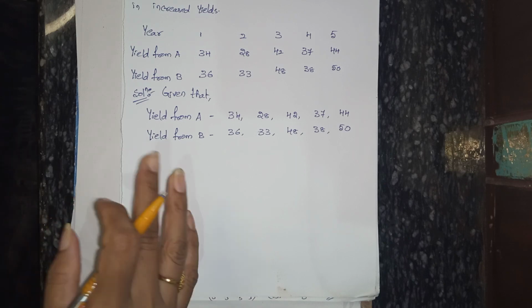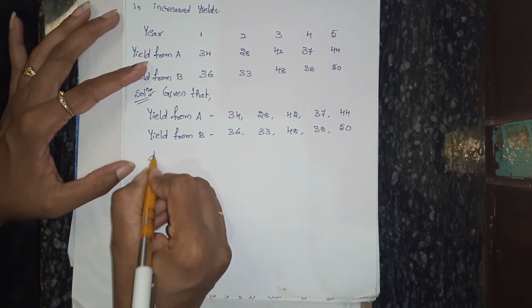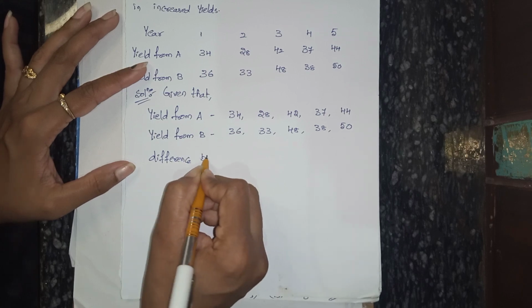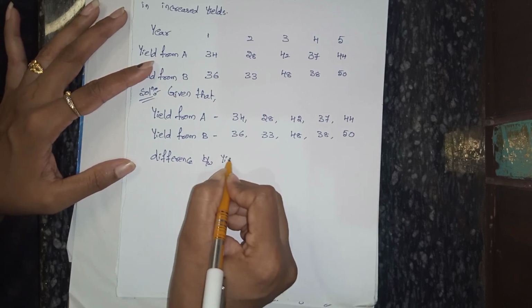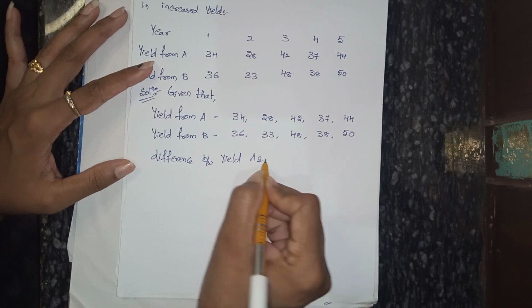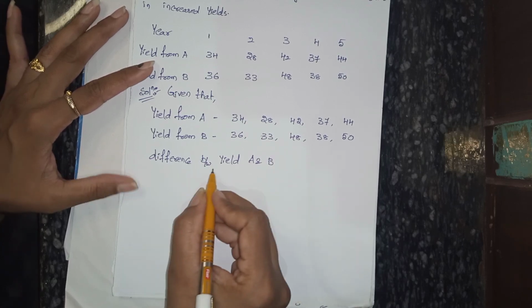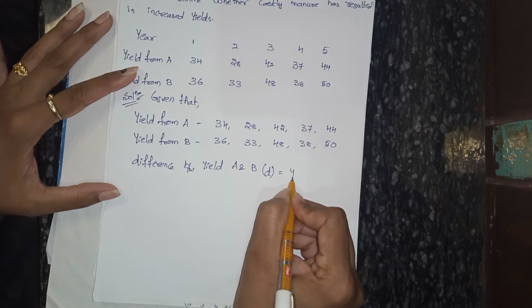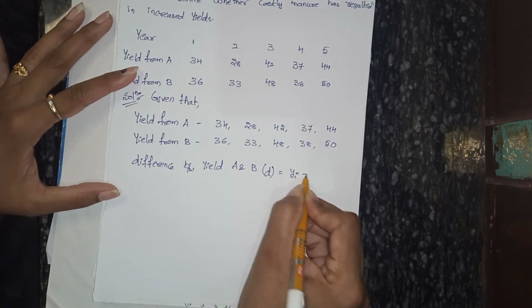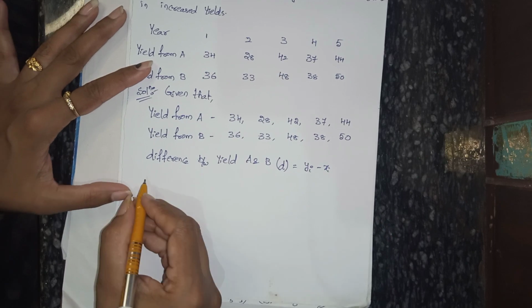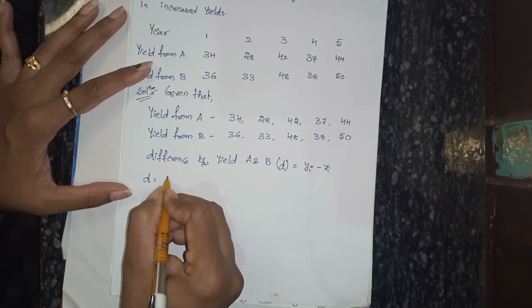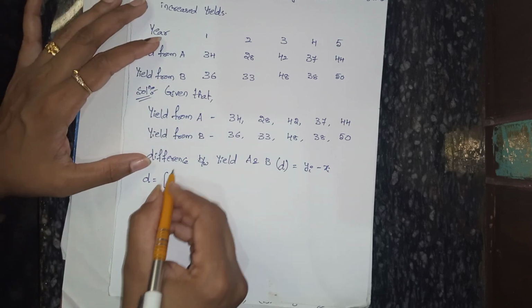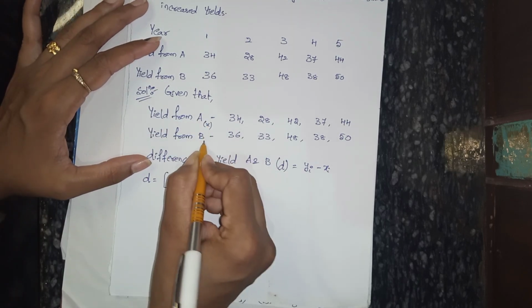The difference between yield A and B is denoted with D. What is the formula? D equals yi minus xi. These are x values, these are y values.